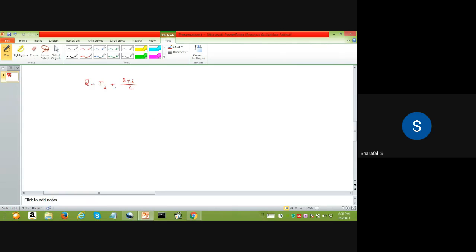But I have to say that M equals 2I plus 1, where M is the multiplicity. From this, you can find I, which is (M minus 1) divided by 2.